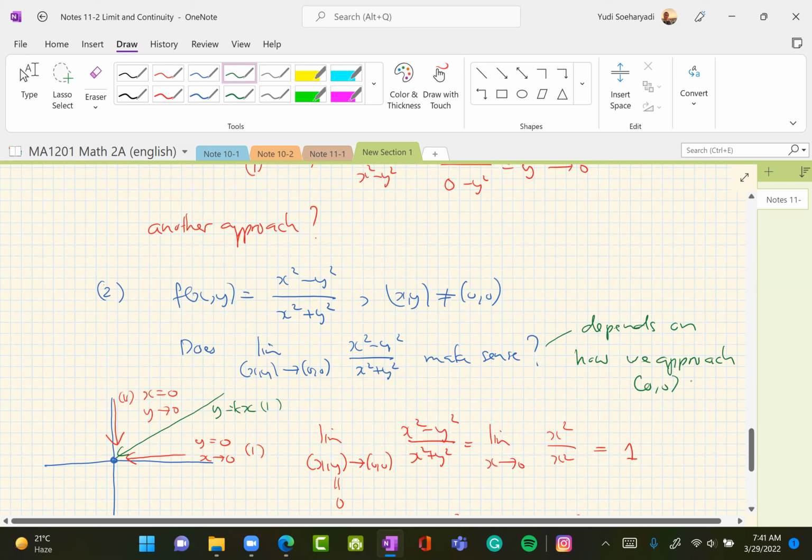This is one complicated thing about a limit of two or more variables, because you have infinitely many directions.